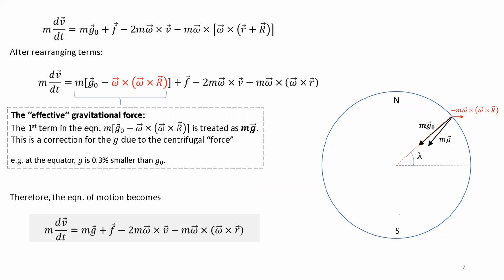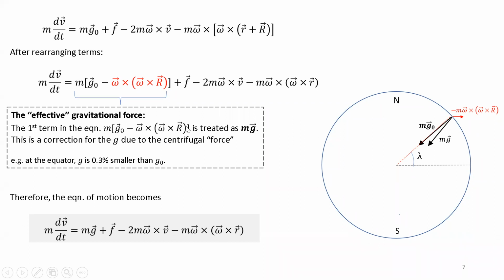Now just to give you an idea of how much it differs from g naught: this correction term can be larger or smaller depending on where you are.